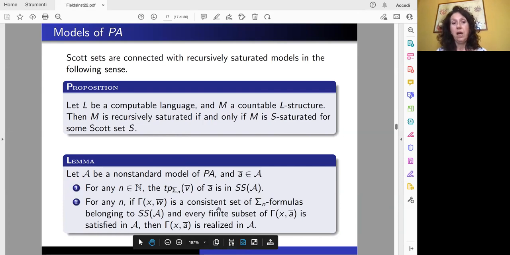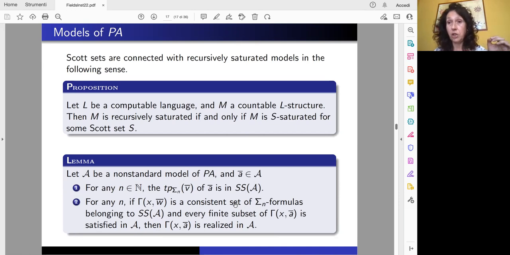And if a type is consistent, then the type satisfies are then coded. And this is used in the proof of the characterization of those real closed fields which have integer parts models of Peano arithmetic.